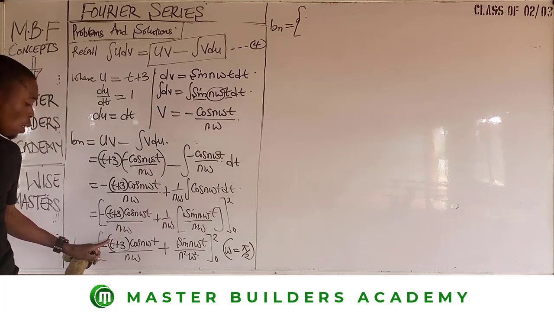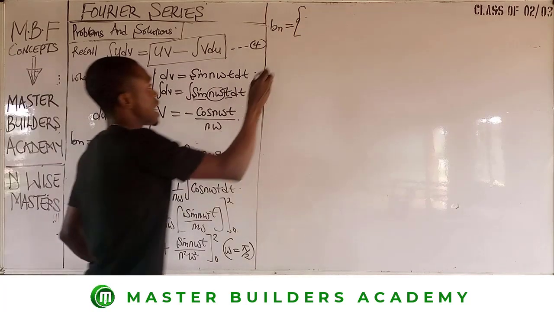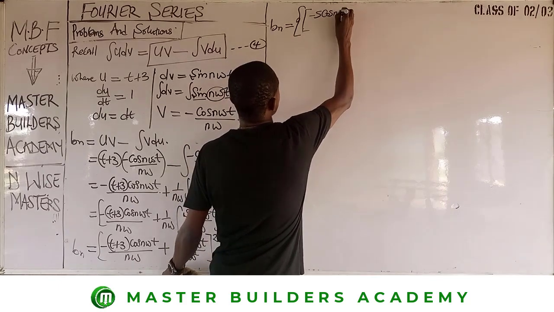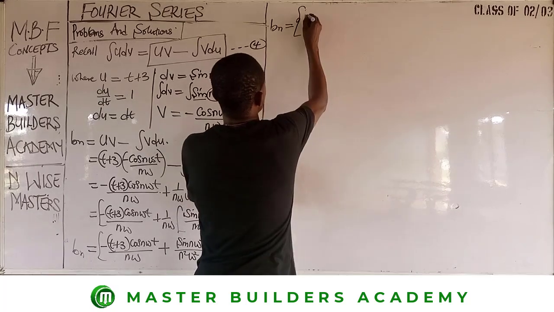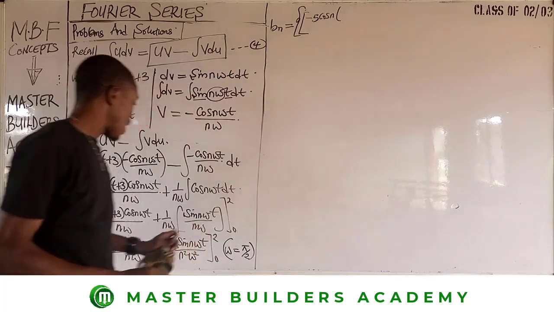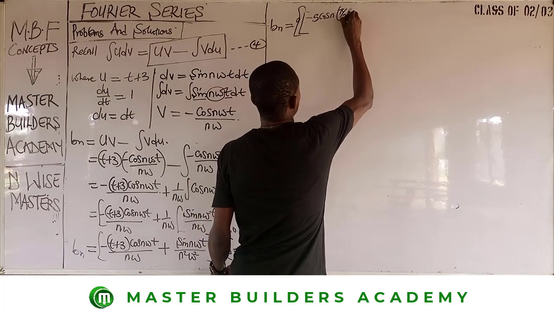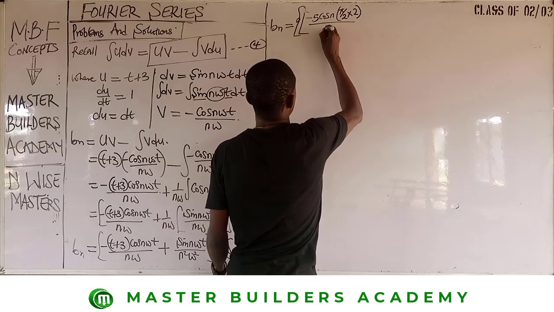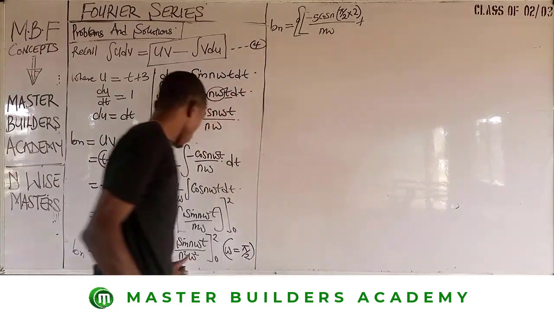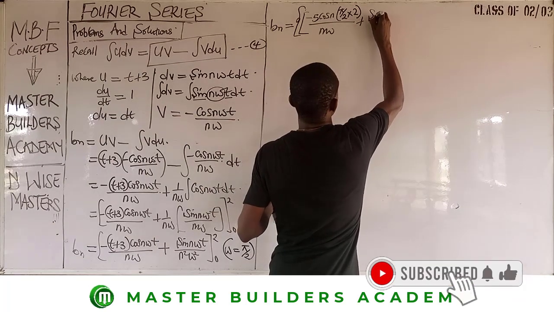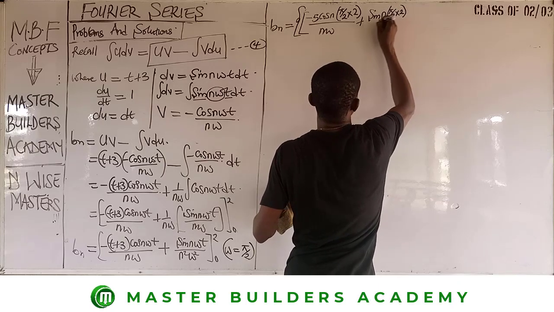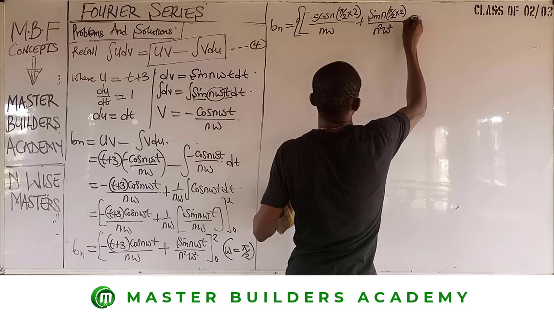So when we put 2 here, 2 plus 3 will give us 5. So we then have minus 5 cos n into omega, which is pi over 2, and t is 2, all over n omega, then plus, again we substitute for this, sine n into pi over 2 multiplied by 2 all over n squared omega squared.